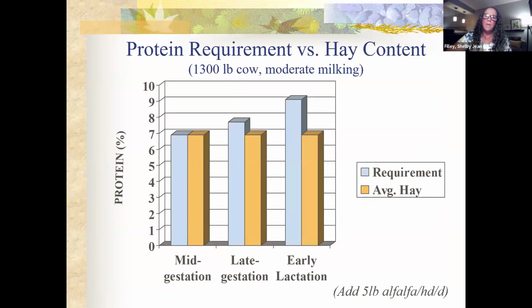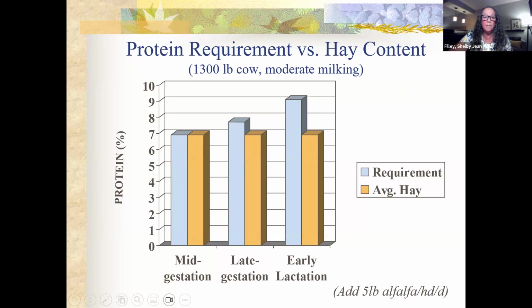Let's first look at how the protein requirement of a cow that's a moderate milker, so 10 pounds of milk, stacks up against the content of average quality hay. That's the low protein hay that I showed you earlier, at 6.9%, almost 7% protein. For a mid-gestation cow, in the blue bar we have the requirement.